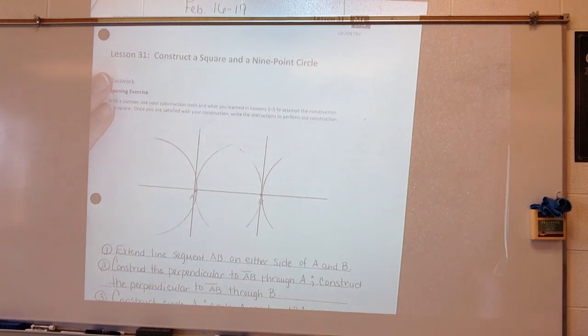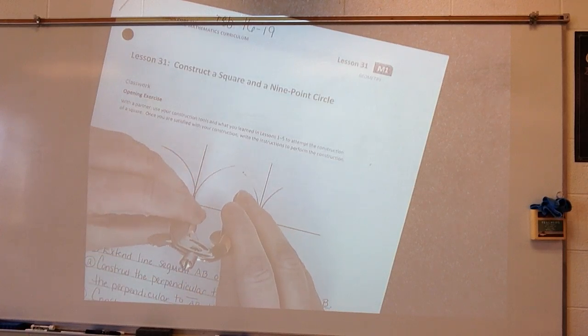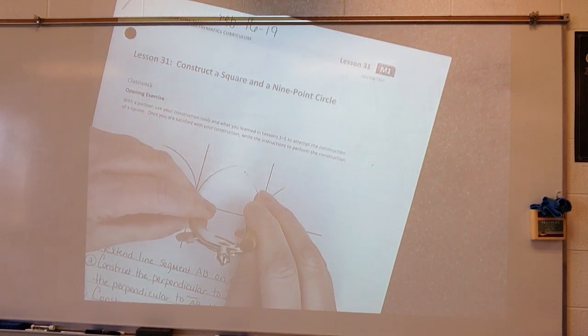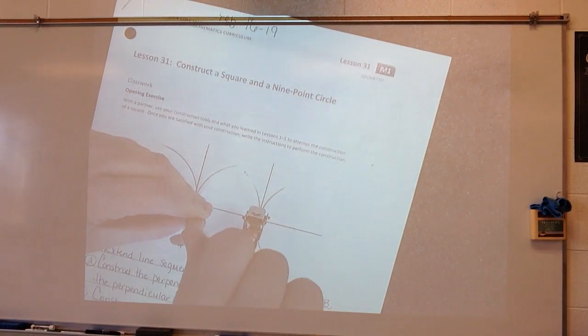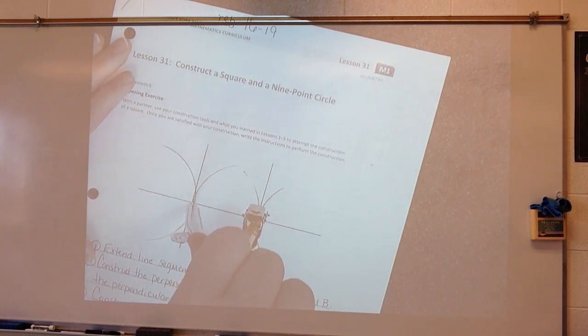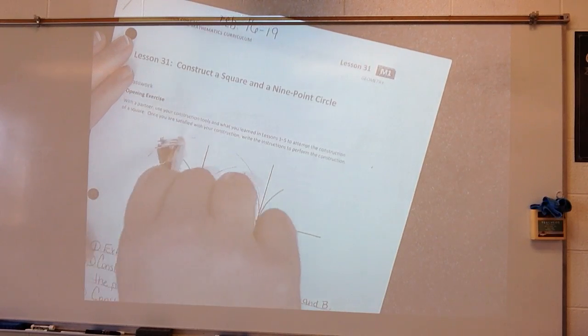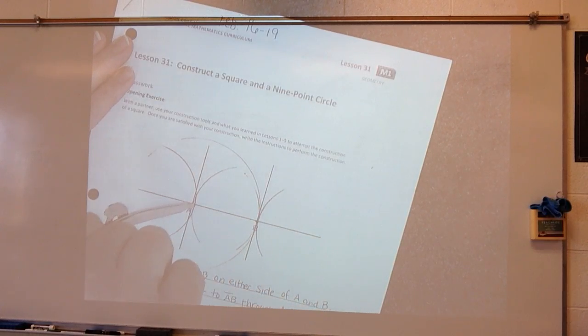Alright. Construct circle A with center A and radius AB. Alright, so it's radius AB. Which means I'm going to measure AB. And then my compass point stays on A. And I'm going to do a circle here. Alright.